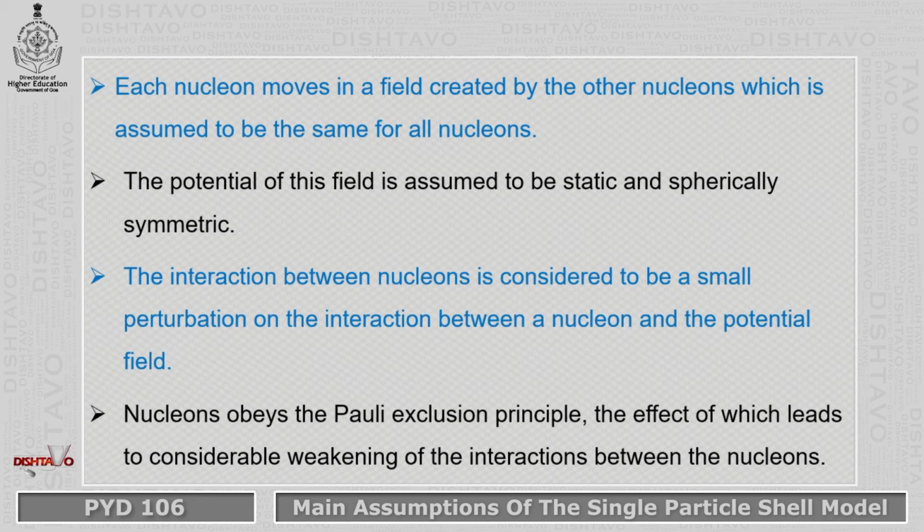The interaction between nucleons is considered to be a small perturbation on the interaction between a nucleon and the potential field. Nucleons obey the Pauli exclusion principle, the effect of which leads to considerable weakening of the interactions between the nucleons.